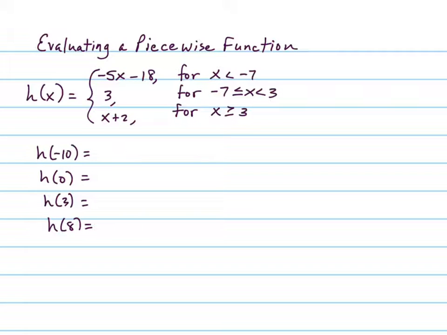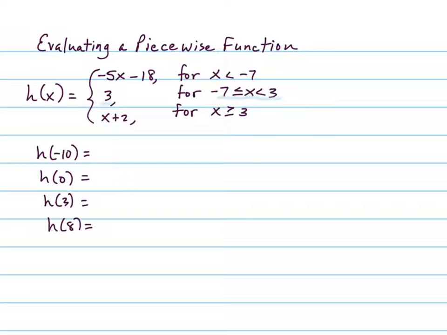For any value of x that's between negative 7 and 3, including negative 7 but not 3, your output is going to be 3. And then finally, your output is x plus 2 if x is greater or equal to 3. So if your input value is either 3 or bigger, you're going to use this piece here, x plus 2.